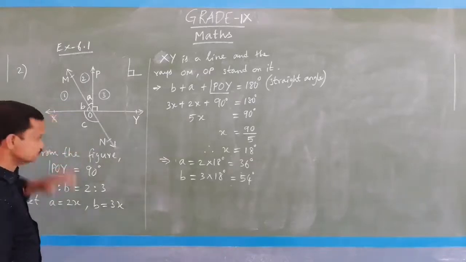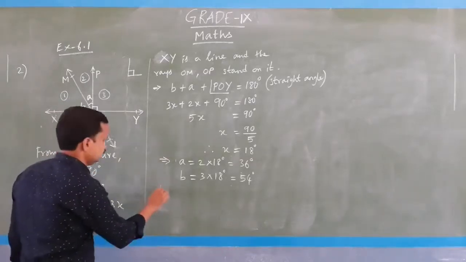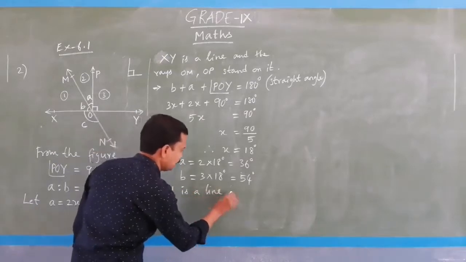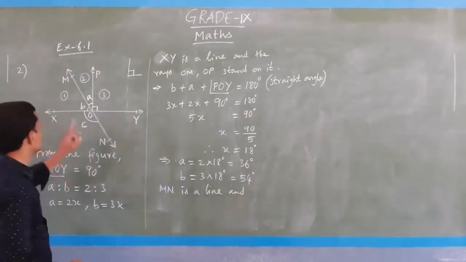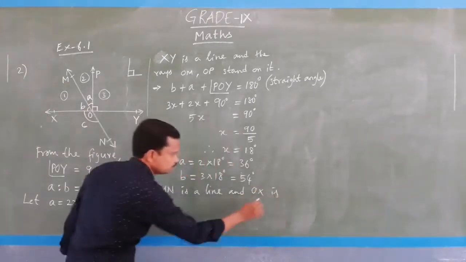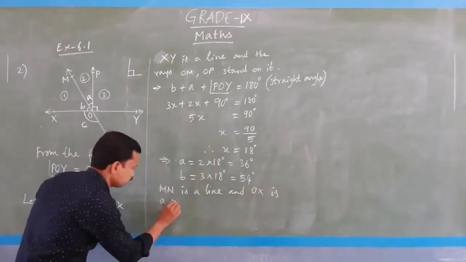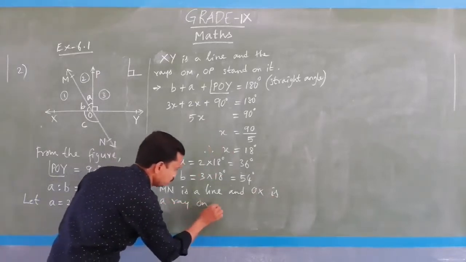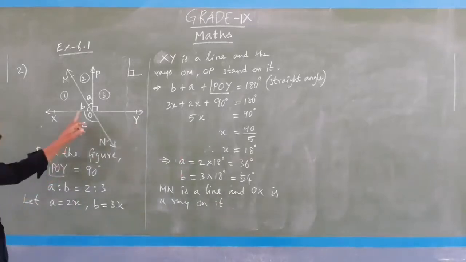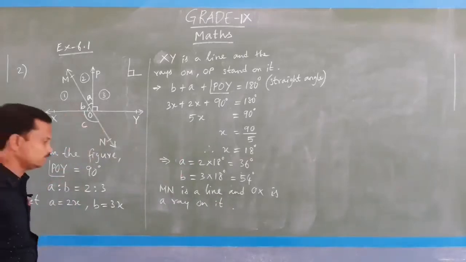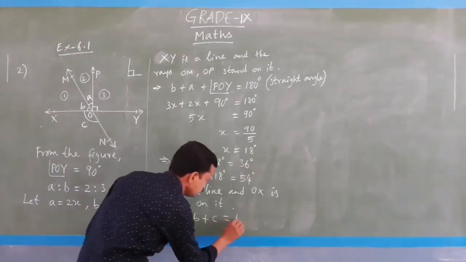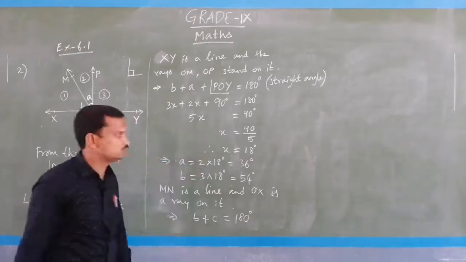So, now MN is a line and OX is a ray on it. So, then we get B and C as the two angles. This implies B plus C is equal to 180 degree. The reason is straight angle.